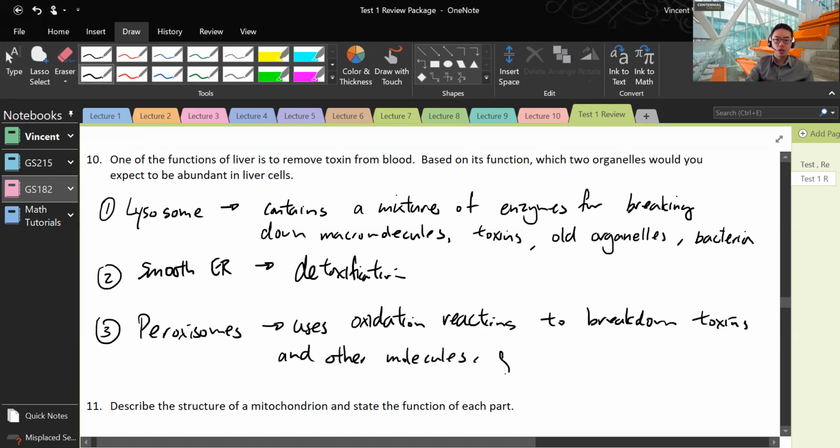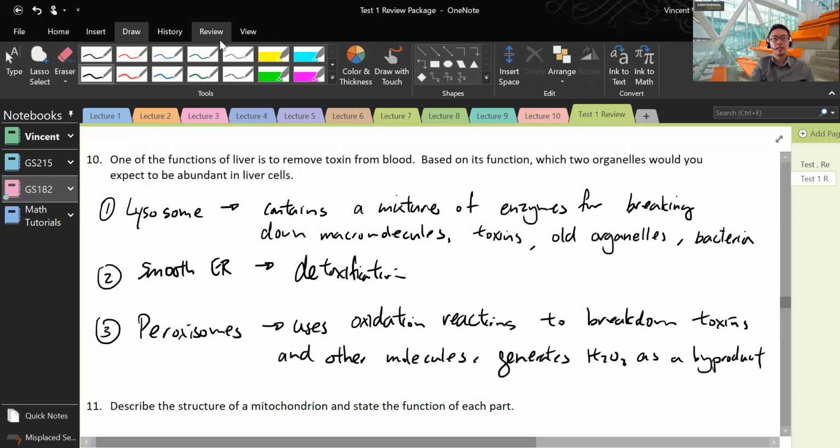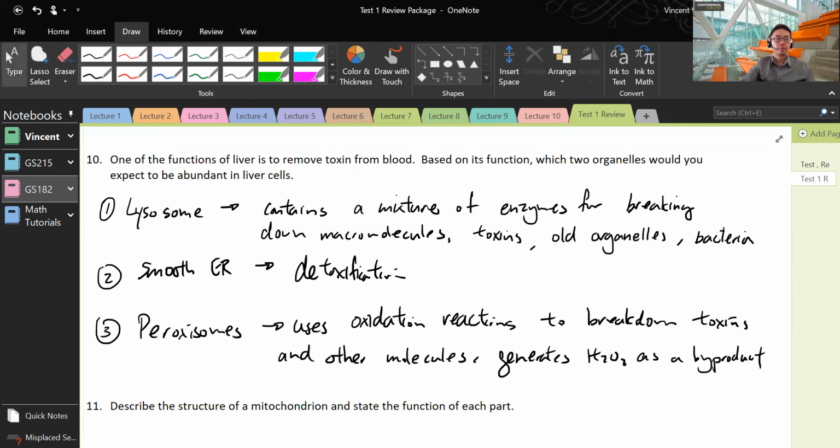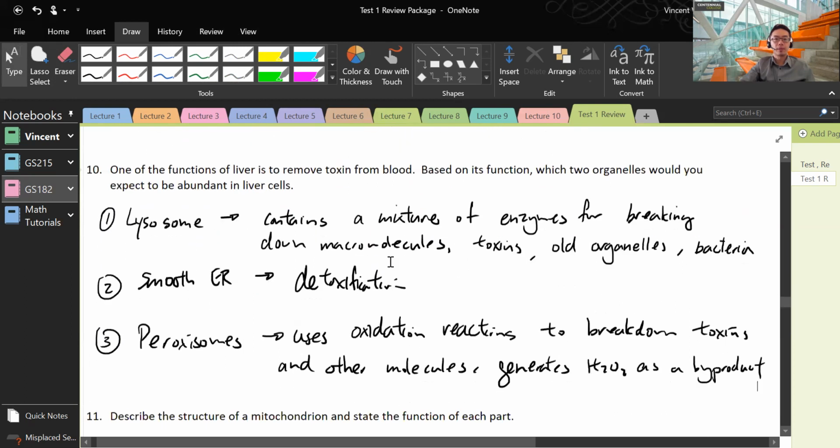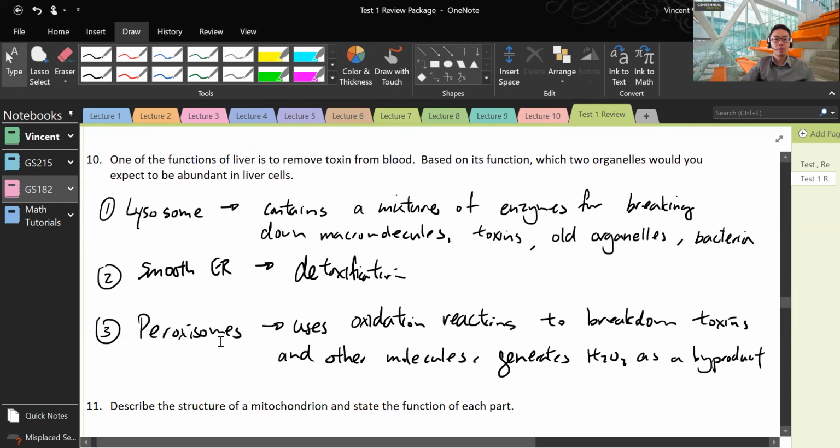Okay, generates H2O2 as a byproduct. Okay, and that of course is dangerous. It needs to be broken down immediately before it causes any cell damage. Okay. I know it only asks for 2, but I just want to throw in peroxisome there in case you see them.